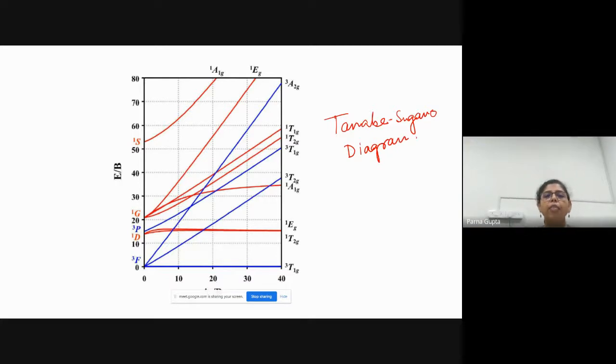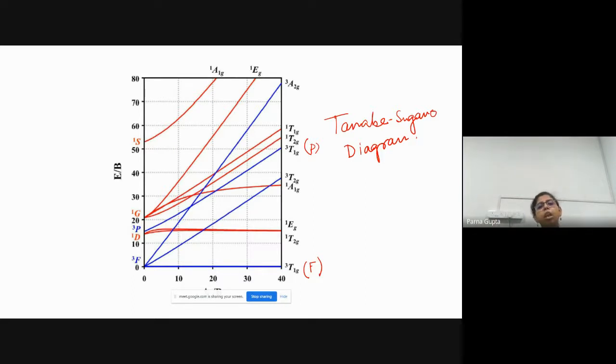So what we have taken care of right now is just the blue lines. You see 3T1g, 3T2g, 3T1g. I mean, if you write it P, and if you write it F, and then this is 3T2g. Among all these possibilities, we are interested in the transitions that are within the UV-visible and visible range.